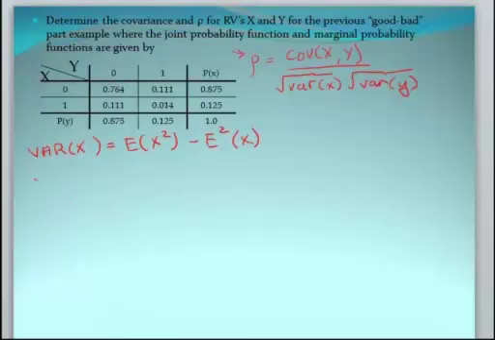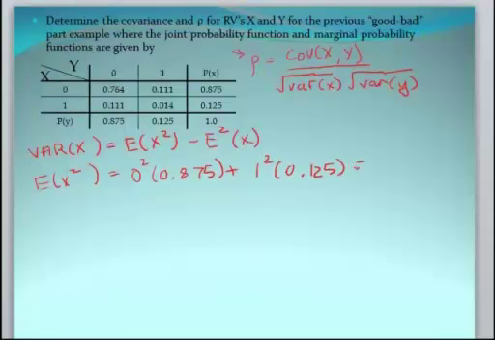So we'll calculate the expected value of x squared, and all we'll do is take the value itself, x is 0 for example, squared, times the probability. We do that for both 0 and 1, and that is 0.125.